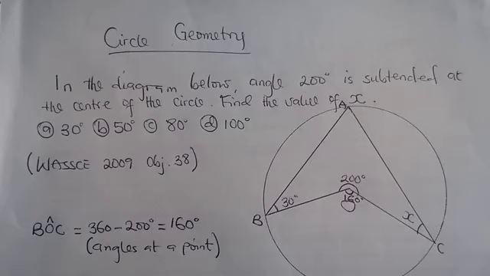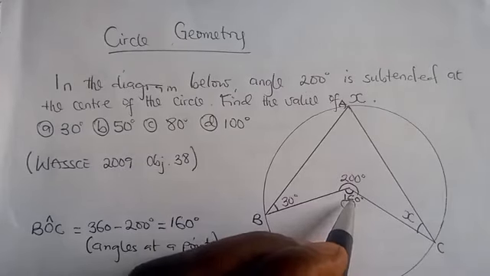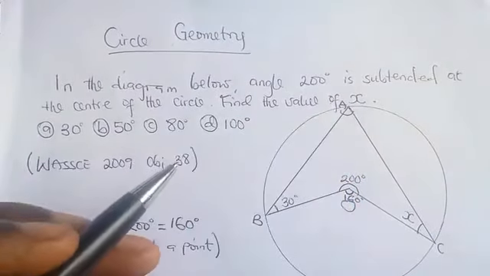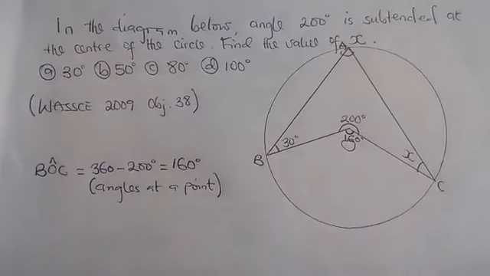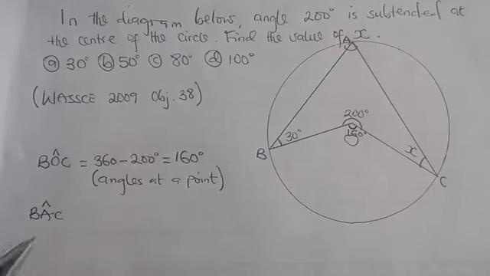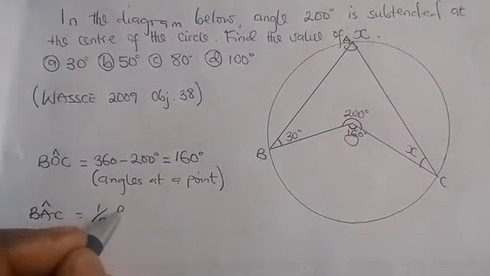And one of the theorems of circle geometry is that the angle subtended at the center of a circle is twice the angle at the circumference. That is, we have this angle 160 here subtended at the center of this circle, and the angle at the circumference here is angle A. So what that means is angle A, that is BAC, is equal to half of angle BOC.